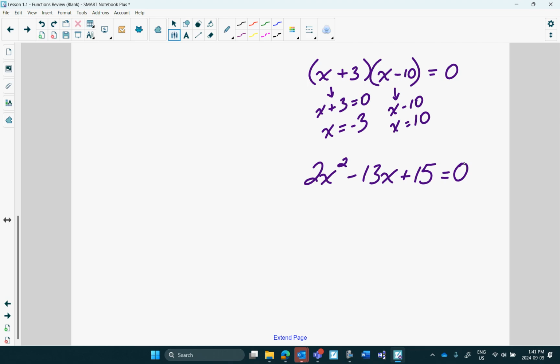So this, we can't do the sum product thing. Okay, some of you know a different way to do this. You've learned a different way, and that's fine. This is the way that I do it. I know it's going to be two binomials.